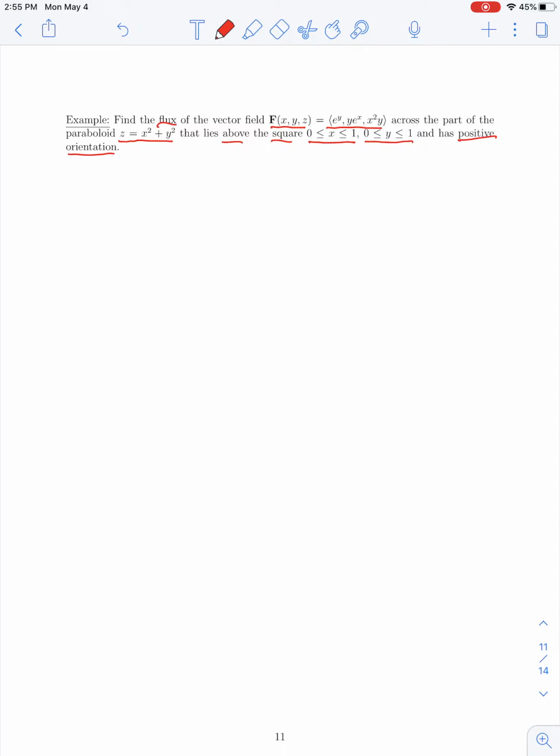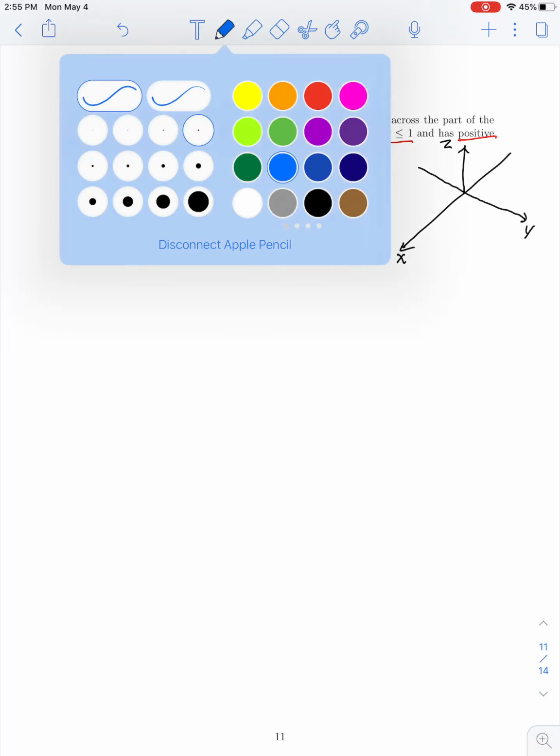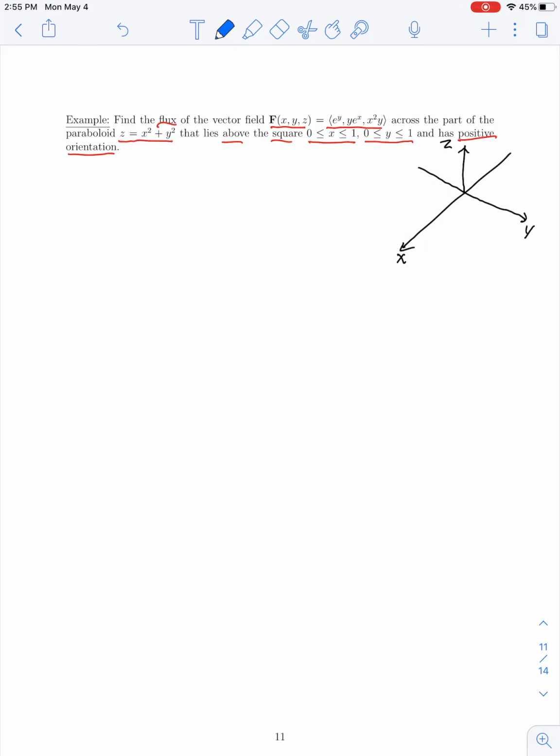So let's think about sketching our surface here just to get a visual. So in space, we have our coordinate axes, x-axis, y-axis, and z-axis. And we're looking at part of a paraboloid, z equals x squared plus y squared.